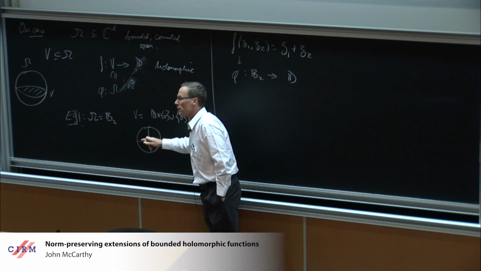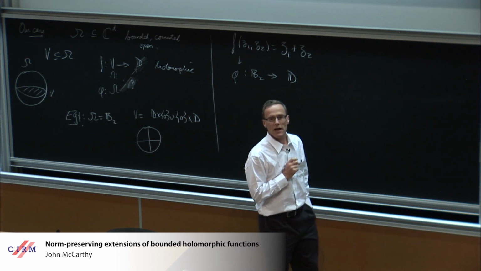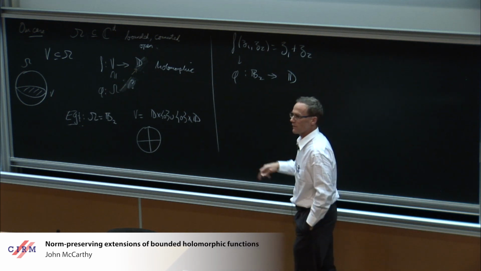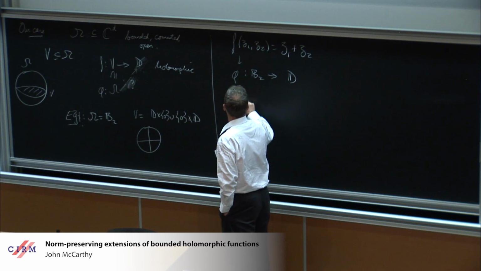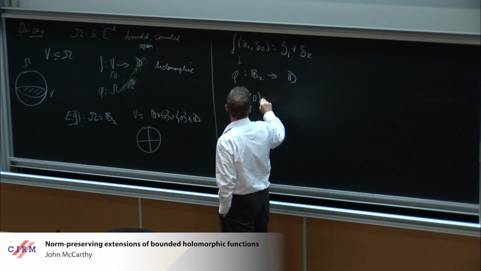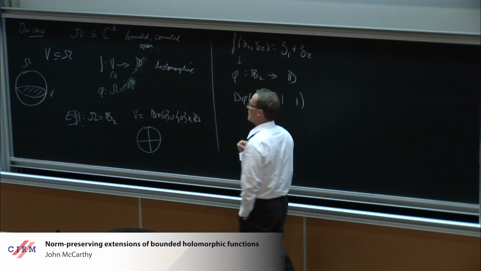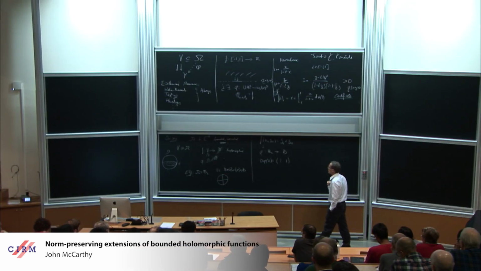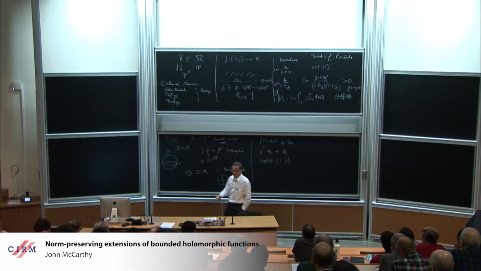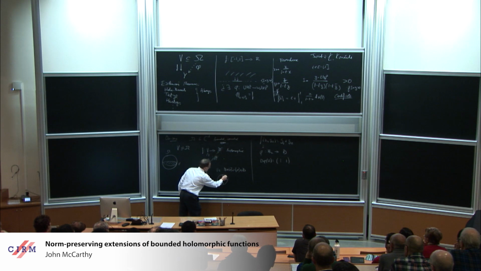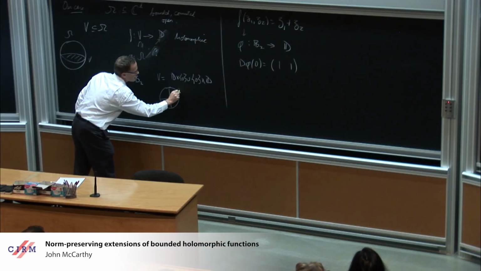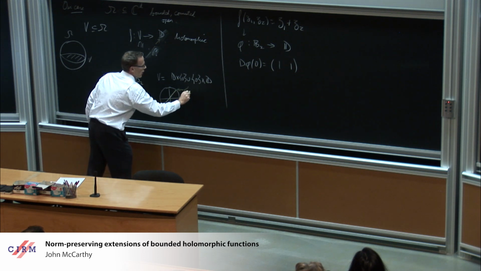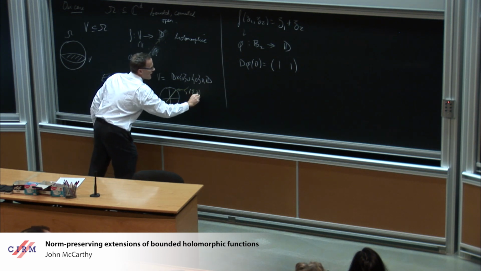I know enough about phi at 0 to calculate its derivative. I have two pieces of information. So I can tell you that d phi at the origin has to be the vector (1, 1). And now sitting inside the ball, I have a diagonal disk. This would be the set of (zeta, zeta).